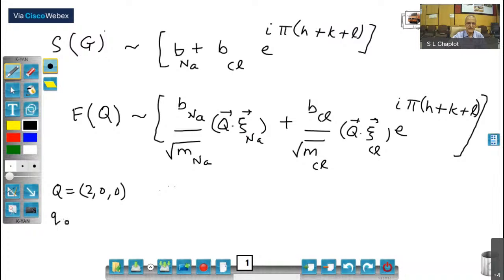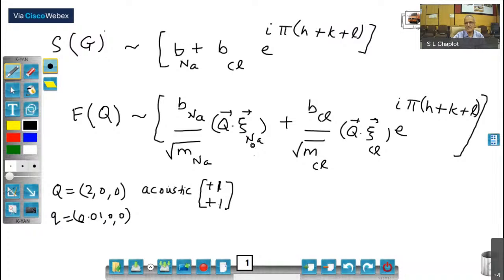My small q is a small number, and for acoustic phonon, these two, xi Na and xi Cl, will be like plus 1 and plus 1.